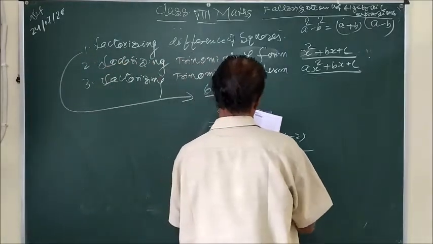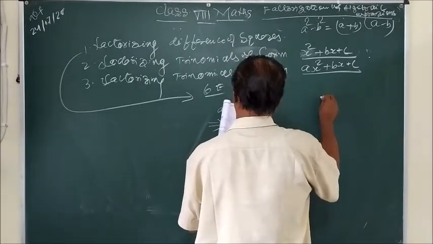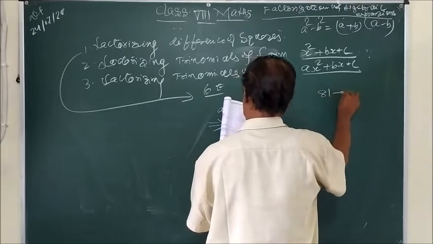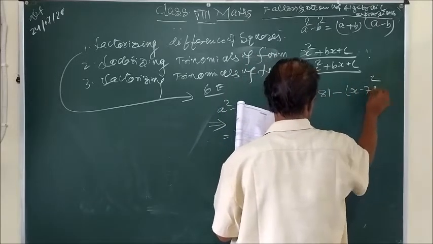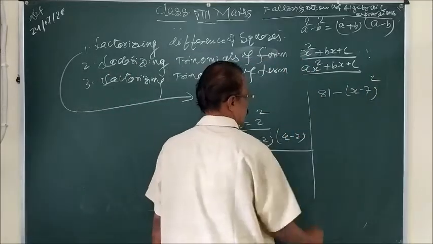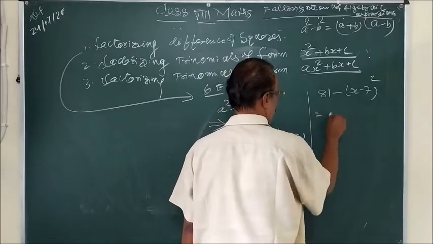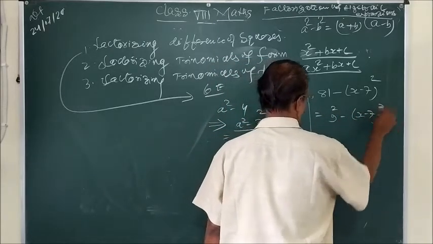I explain another question. Suppose now you see 81 minus x minus 7 whole square. Now you see, there may be some changes. So this is the square of 9, and this is already given, x minus 7 whole square.